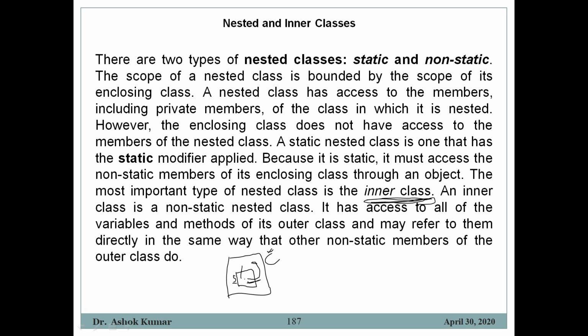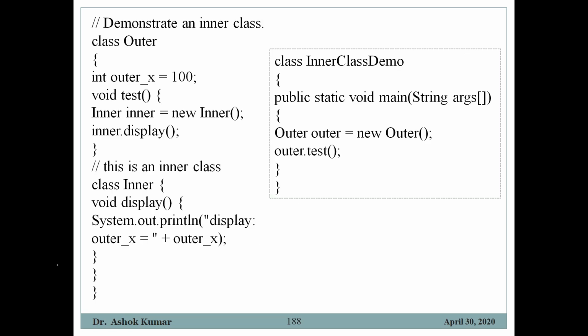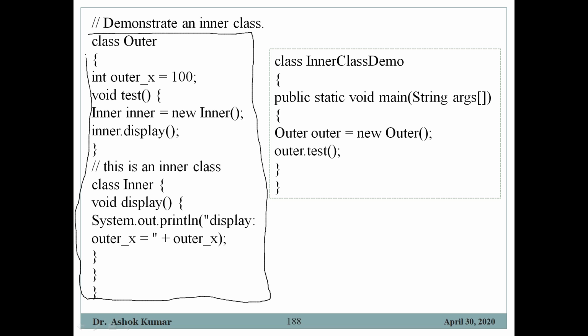So we are going to discuss what we have discussed in this slide in more detail through some examples. This is the first example. In this case, we have one class named outer. I'm going to create a boundary of this class. So this is your outer class, and inside this I have created another class, and this is your nested class.